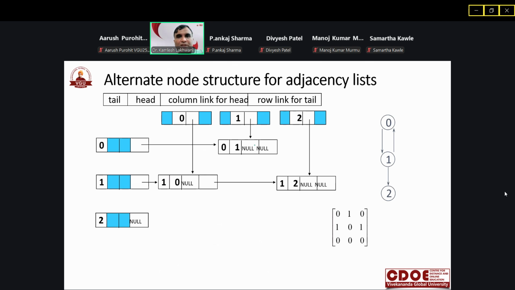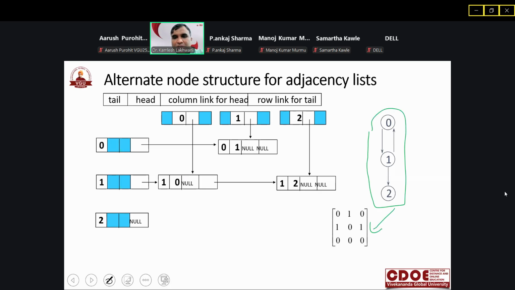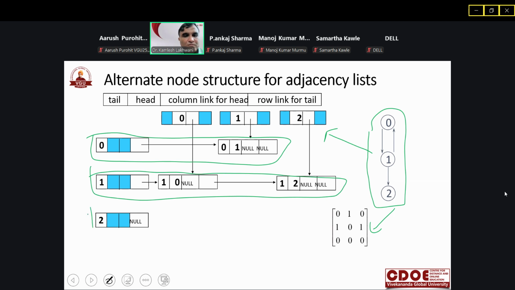There is another way to store a graph into memory via linked list. This is the graph. This is adjacency matrix representation of graph. This is adjacency list representation of graph. Adjacency list.